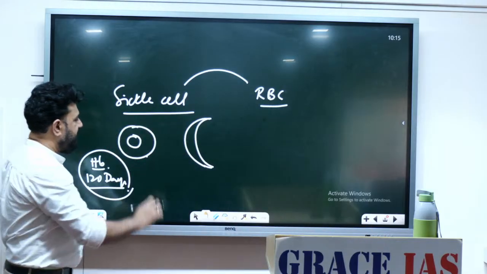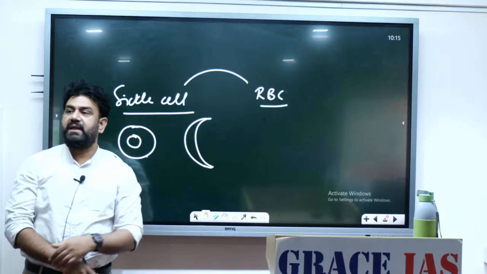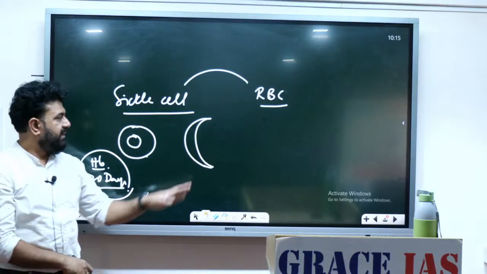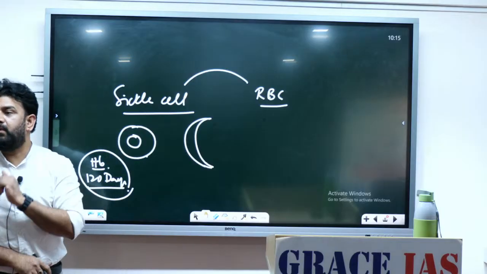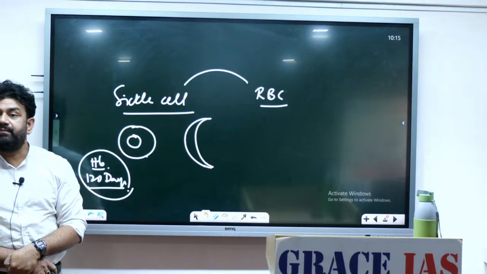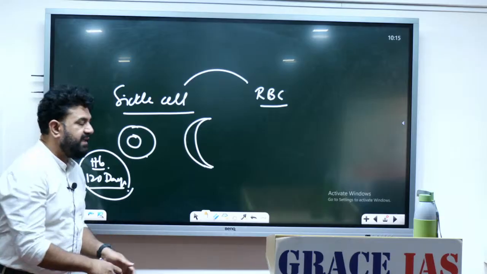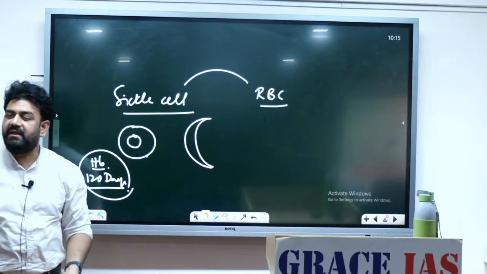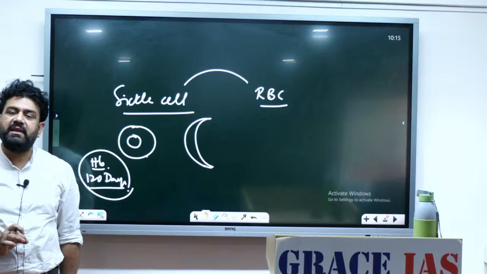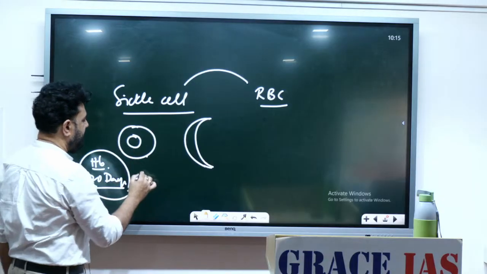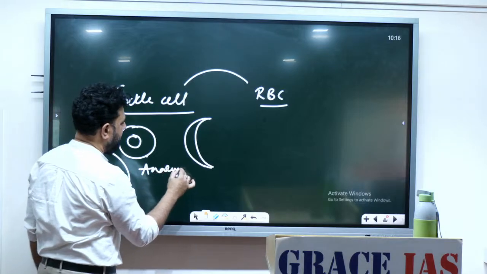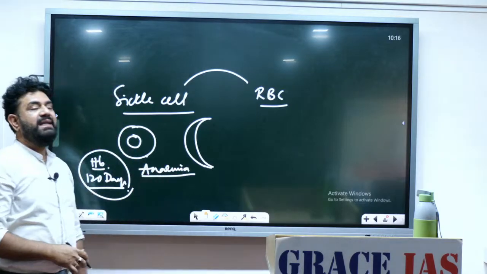So, spherical RBCs have good space for a healthy amount of hemoglobin, but sickle shaped RBCs do not have a healthy amount of hemoglobin. So, low hemoglobin. Low hemoglobin means what? Low capacity to transport oxygen. That condition of low hemoglobin is called anemia. Simple it is, you must have studied about this. Anemia.